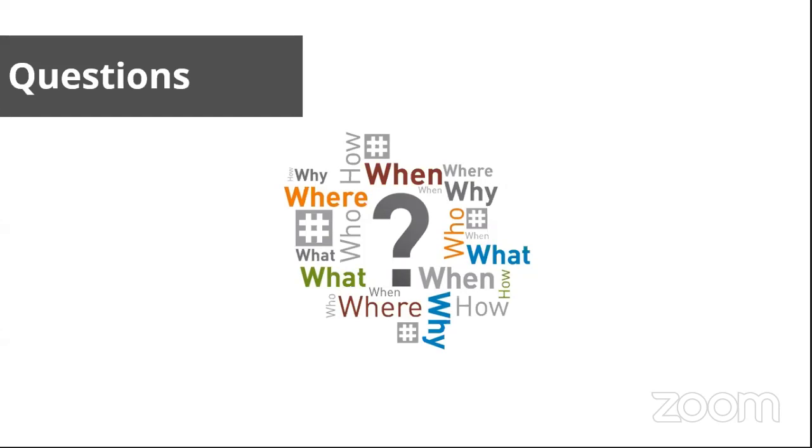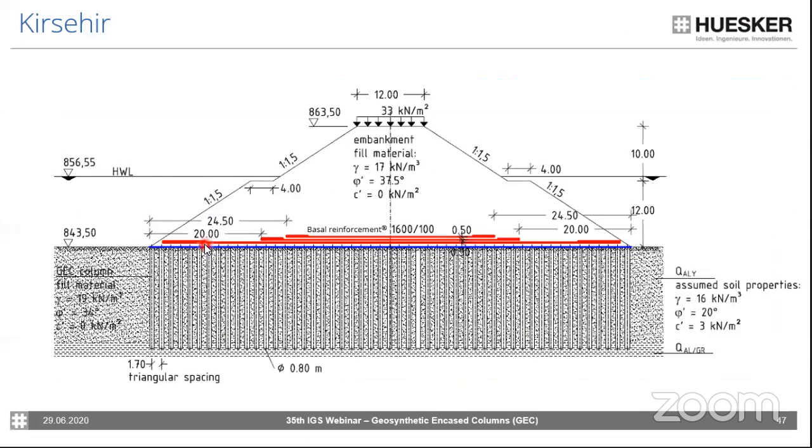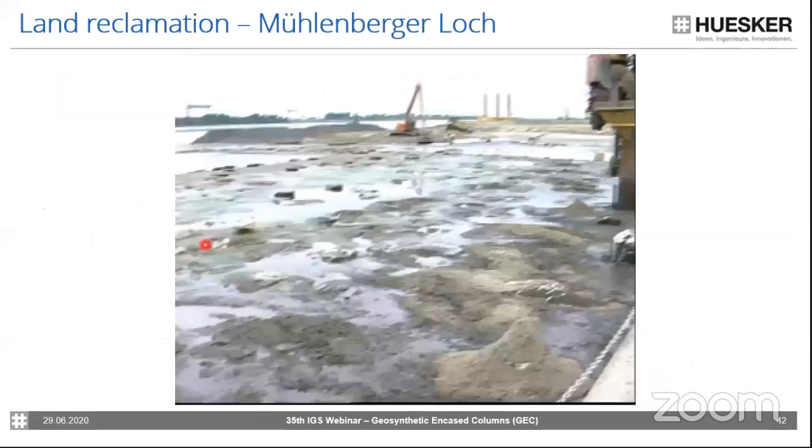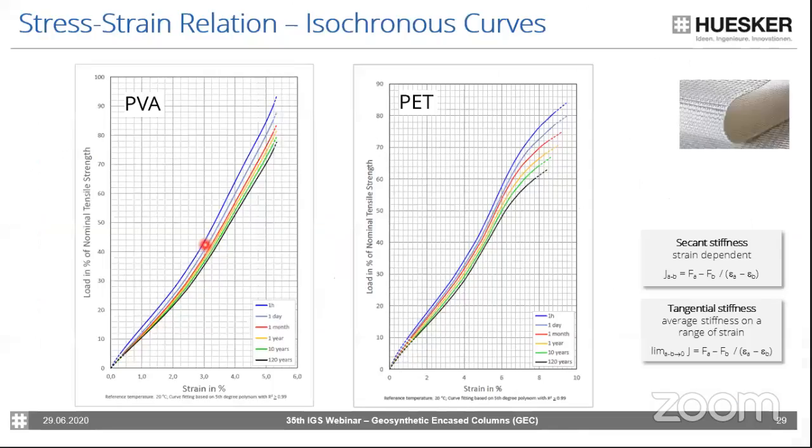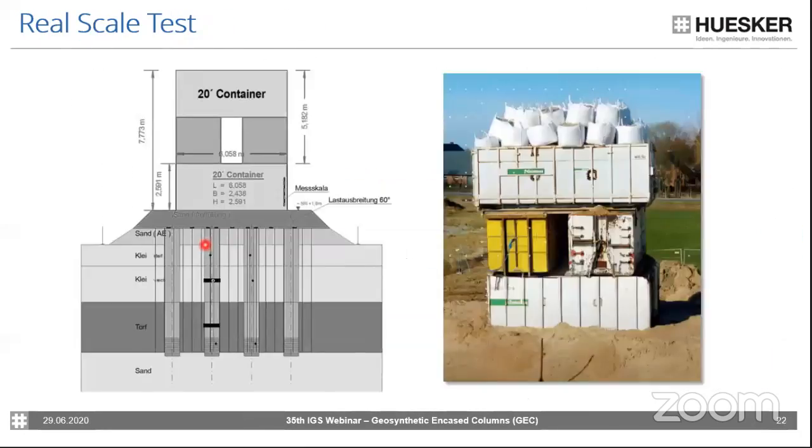Okay, so for an end bearing layer, the design for the column is only made for the parts in the soft soil. It is assumed that the layer where the geosynthetic stands on is a bearing layer, and there are some conditions.